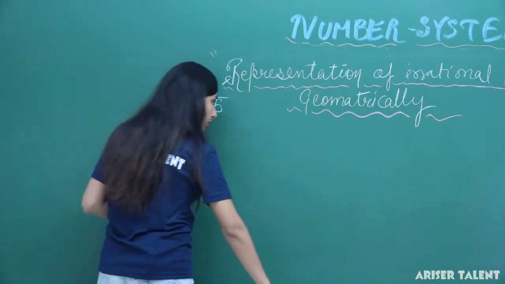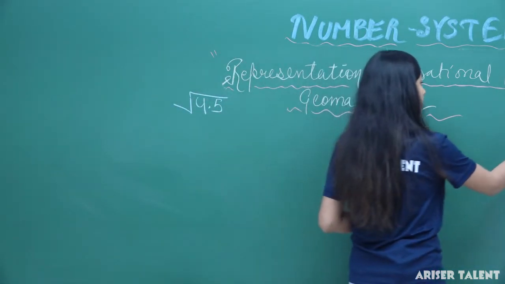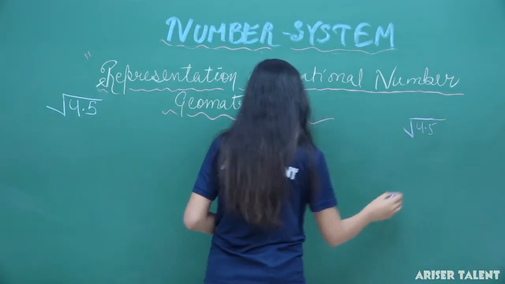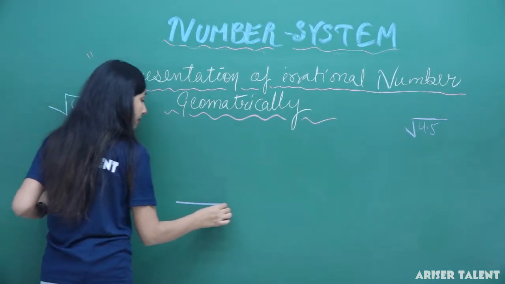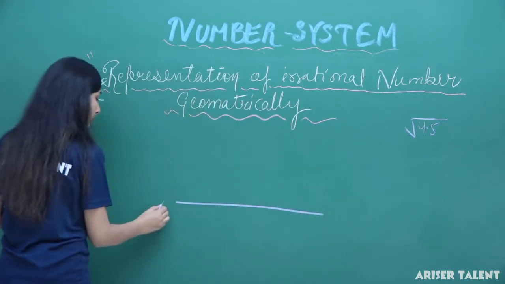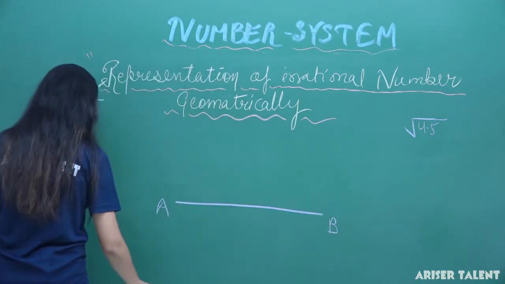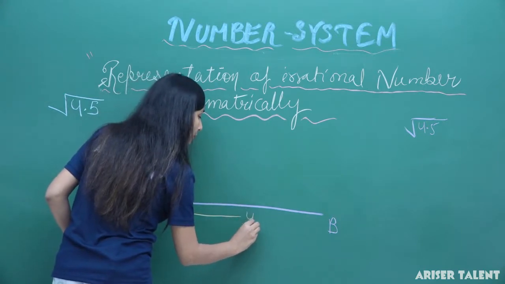Now, look at it very carefully. Root 4.5. Okay. First, draw a line, let us say AB equals to 4.5.